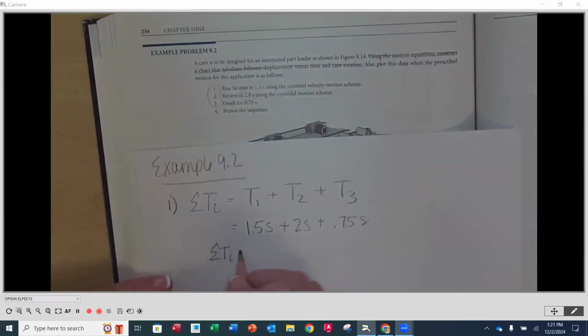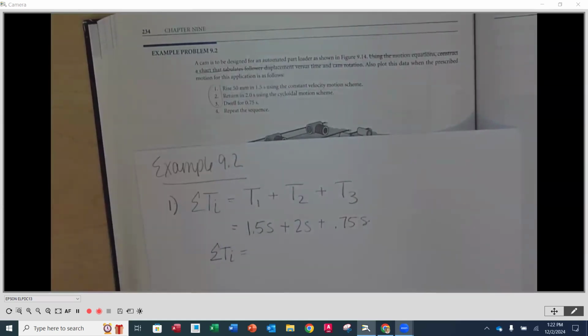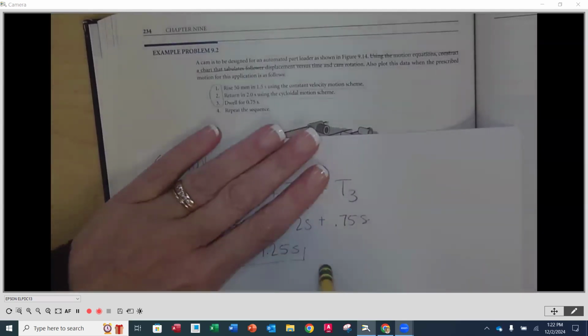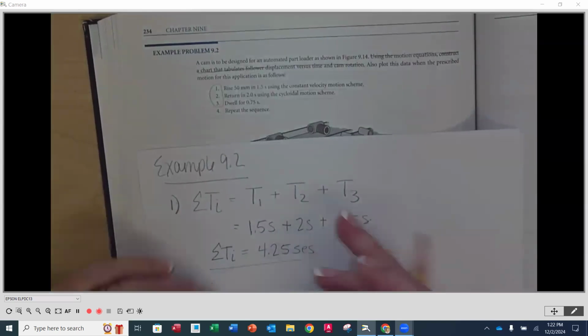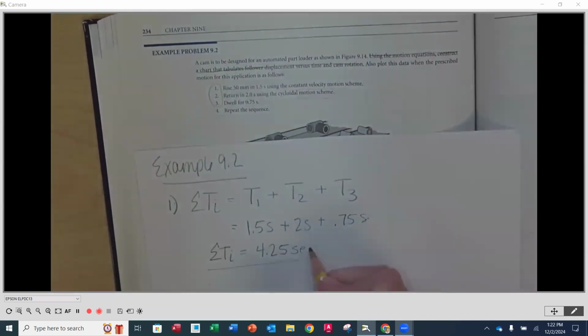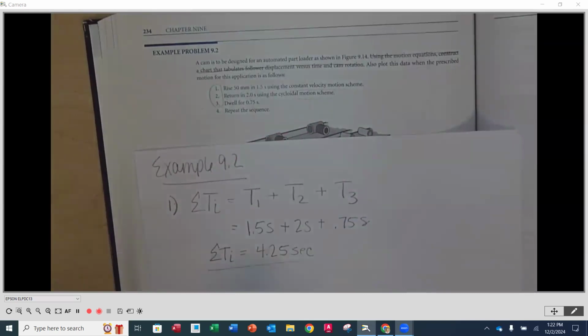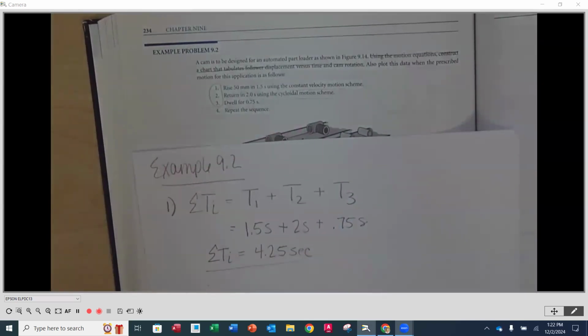So what is our total time for 1 revolution? 4.25, that looks and sounds correct to me. 4.25 seconds. That's our total time. Okay. I might put seconds, just because sometimes a 5 can look like an S and we want to be sure we know which one is our units.